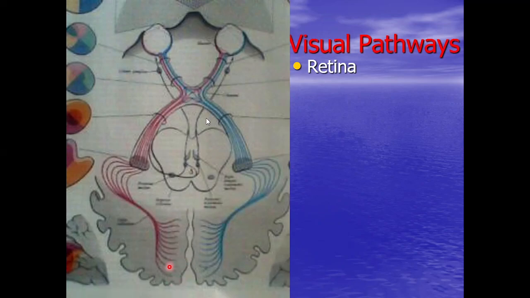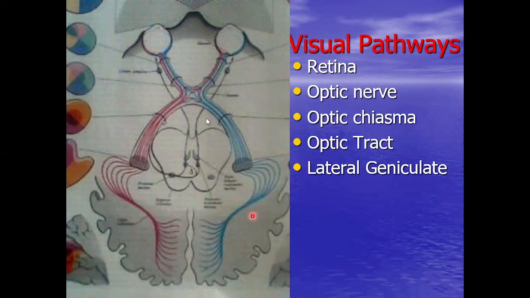So that is the visual pathway: the optic nerve, optic chiasma, where there is crossing over of the nasal fibers, the optic tract, and then lateral geniculate body, and then optic radiation.